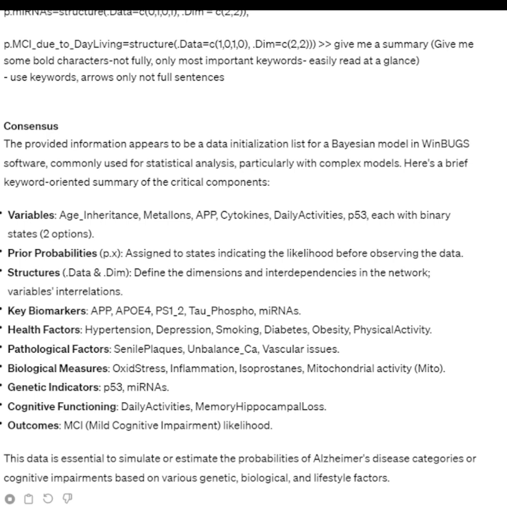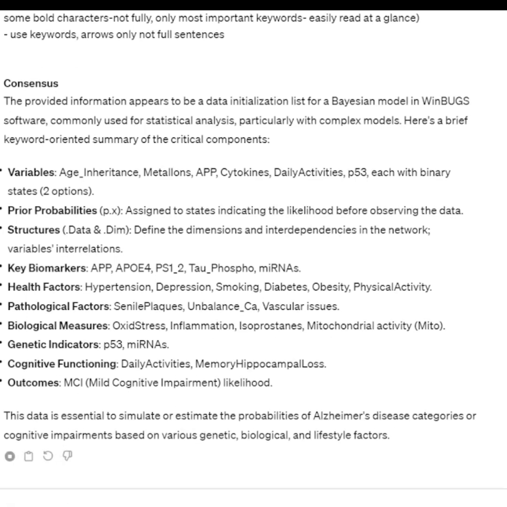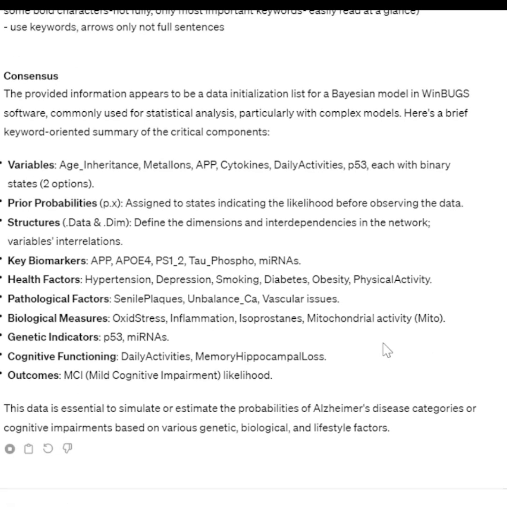The provided information appears to be a data initialization list for a Bayesian model in WinBUGS software, commonly used for statistical analysis, particularly with complex models. Here's a brief keyword-oriented summary of the critical components. Variables: age, inheritance, metal ions, APP, cytokines, daily activities, p53, each with binary states, two options. Prior probabilities, p.x, are assigned to states, indicating the likelihood before observing the data. Structures, data and dim, define the dimensions and interdependencies in the network. Key biomarkers: ApoE4, PS1, SORL1, tau phospho, miRNAs.